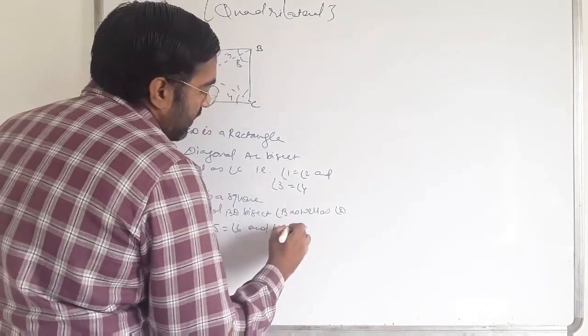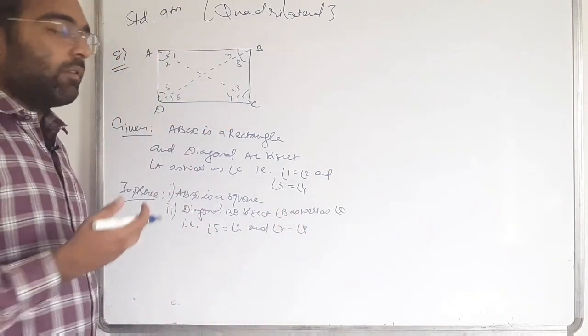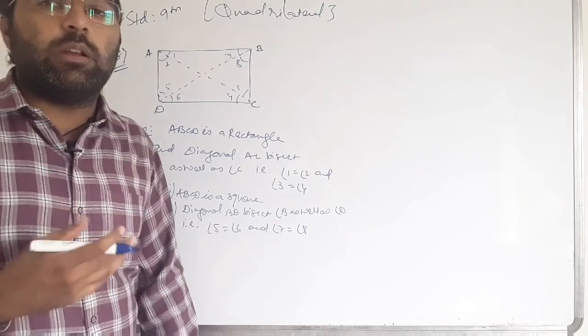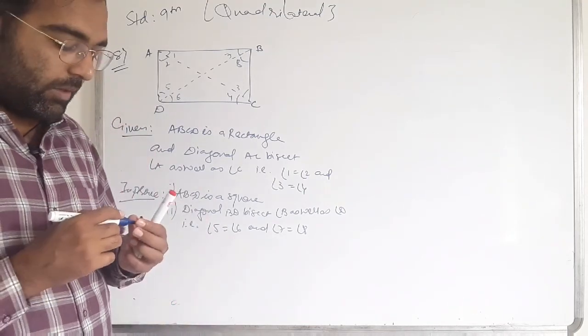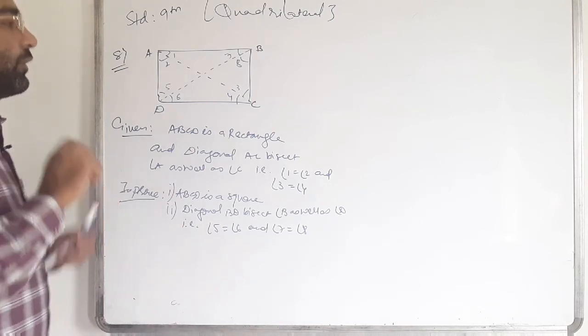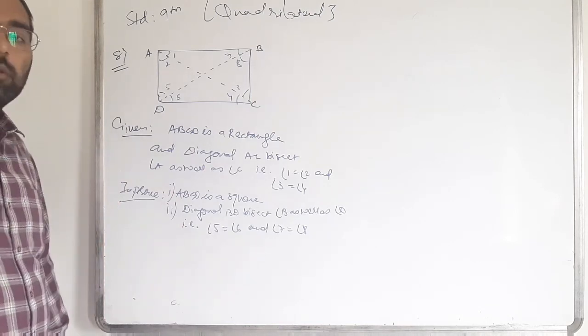Either I have to prove that angle 5 equals 6 or angle 7 equals angle 8. Clear that? Now we have to move to the question. Okay.